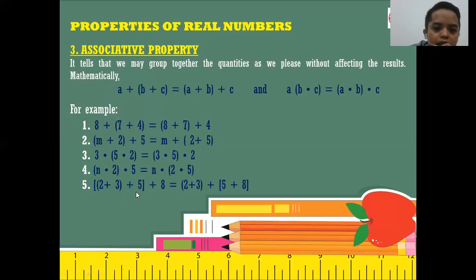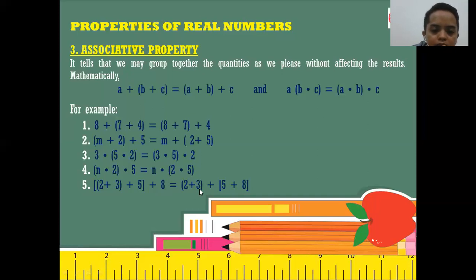So your B here is 5. So you group 5 and 8, that is associative property of addition. So let's try to check if the same value, it will not affect the result. So 2 plus 3, that is 5. Plus 5, 10. Plus 8, that is 18. How about this one?